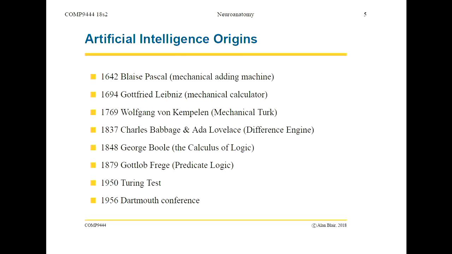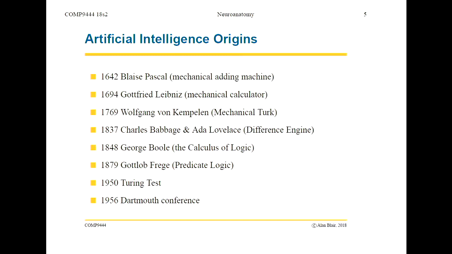And then we get to the Turing test. Alan Turing talked about this idea of testing whether a machine is intelligent or not by having it interact with a human and having the human try to guess whether they're interacting with the machine or the human. That was discussed in 1950. And then the first AI conference was held in 1956 in Dartmouth.